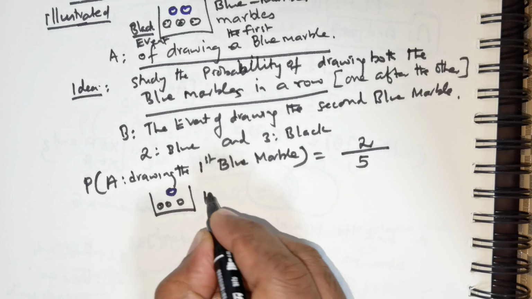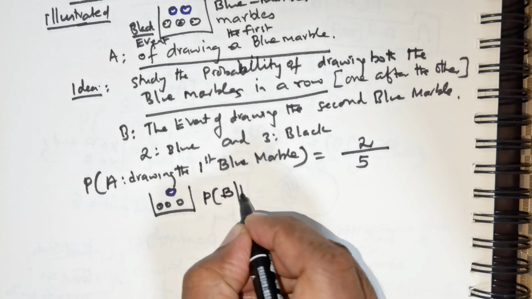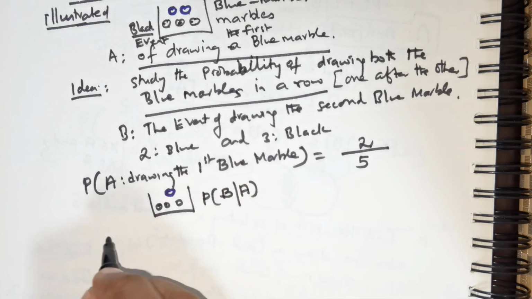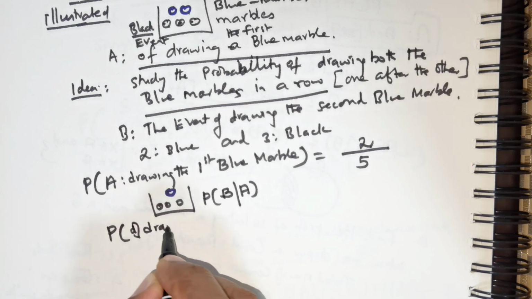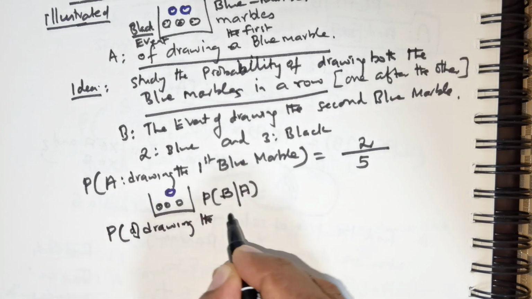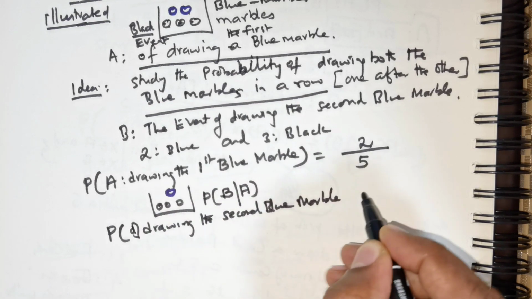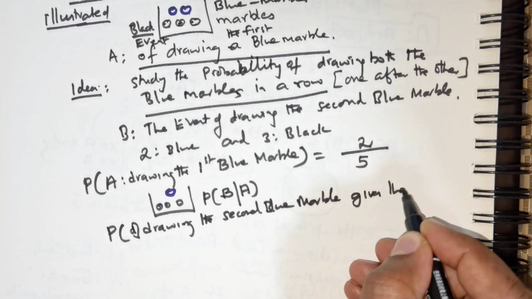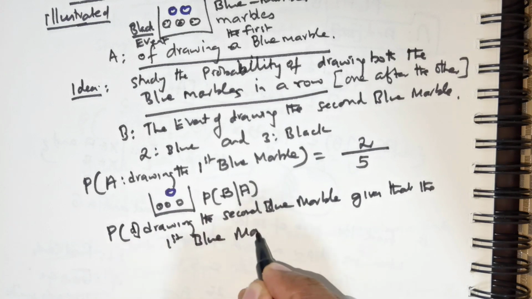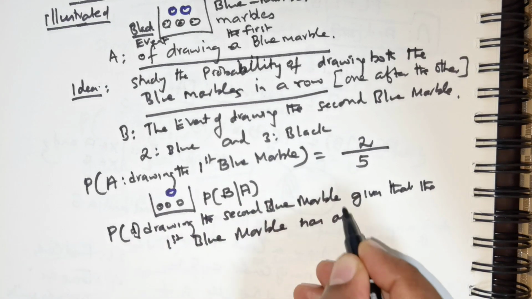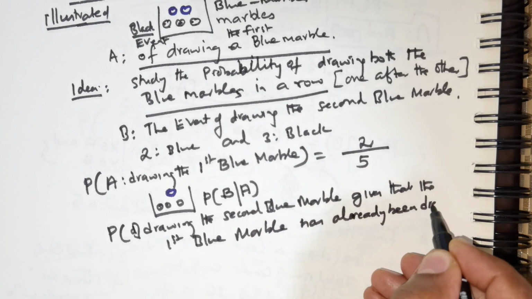So now I'm interested in knowing the probability of B given that A has occurred. That is, the probability of drawing the second blue marble given that the first blue marble has already been drawn.